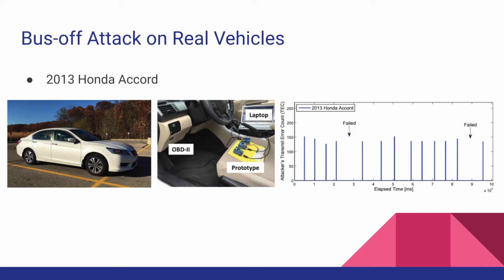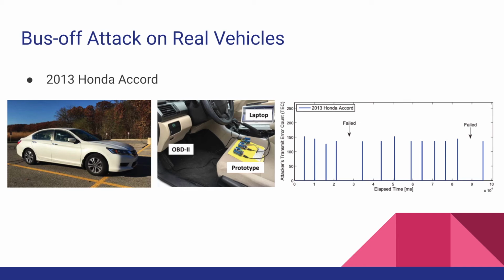However, because of security reasons, they weren't able to actually find the specific TEC counters of the onboard computers. So this graph on the right shows the attacker's transmit error count, which, as we all know, should be equivalent, at least in phase one.